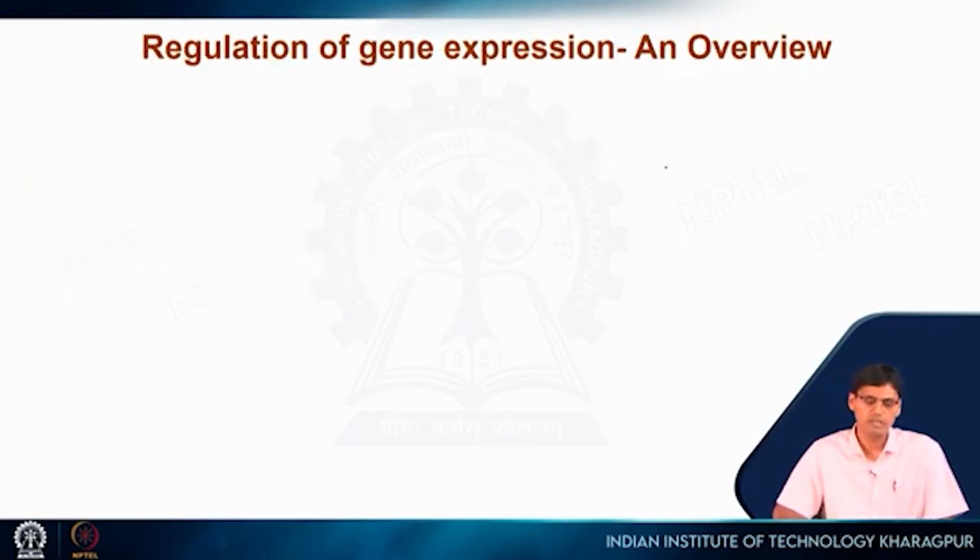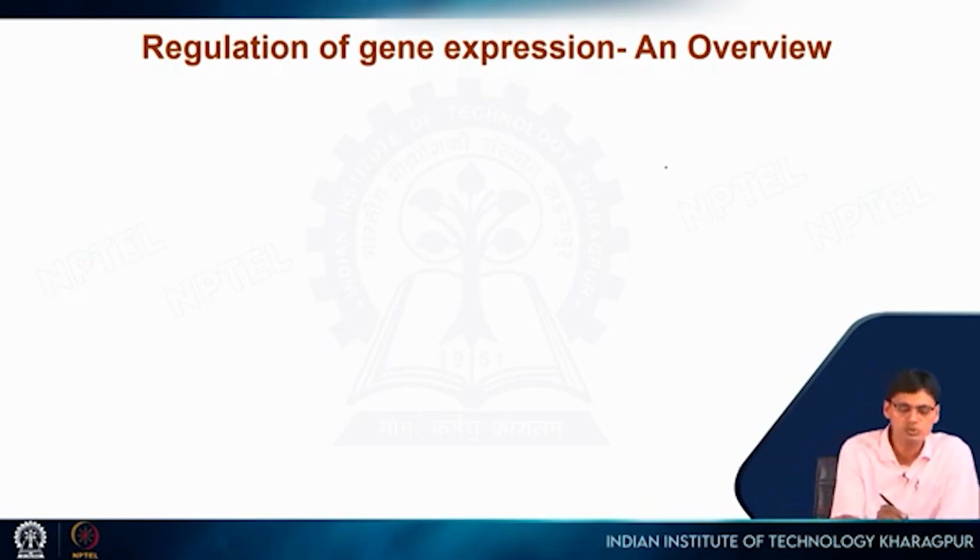Now I will give you an overview of gene expression. Gene expression means to make product from the gene. Just like the central dogma, DNA goes to RNA. That is transcription.